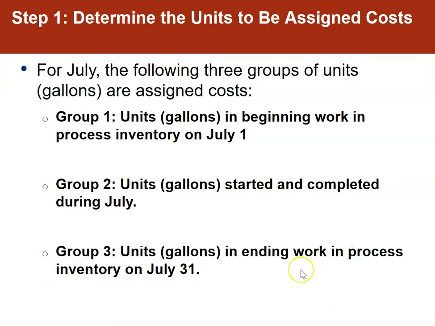The remaining units that were started but not completed are going to be members of group 3, and that is ending work in process as of July 31st. And if we wanted to take it a step further, we could say that these units are going to be beginning work in process for the month of August. Okay, so make sure you can wrap your head around this.